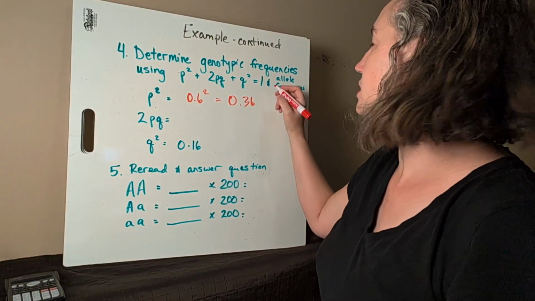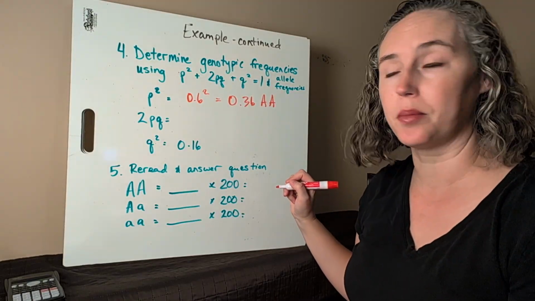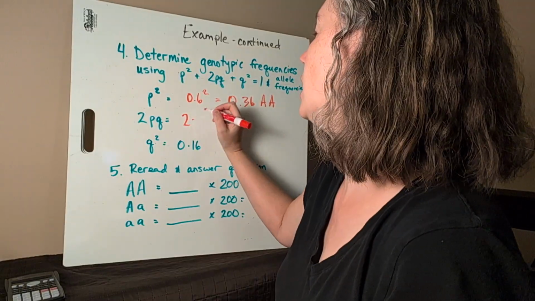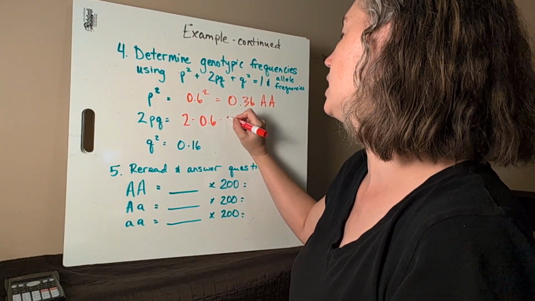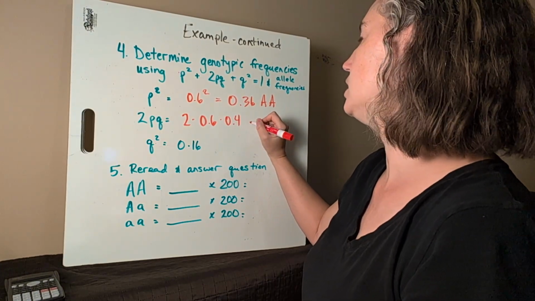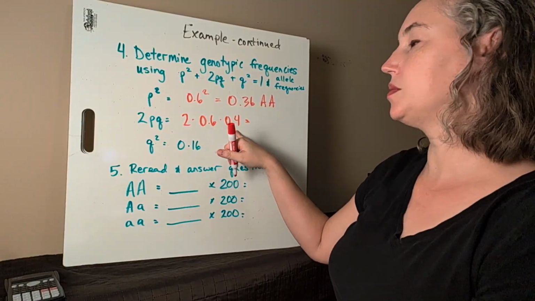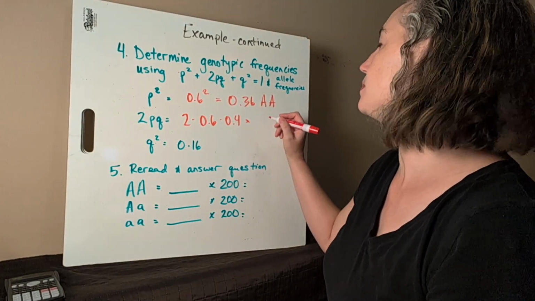That's the frequency of the homozygous dominant genotype. 2pq, we'll do 2 times p, which is 0.6, times 0.4, which was q, and that's going to give us 0.6 times 0.4 is 0.24, times 2 is 0.48.